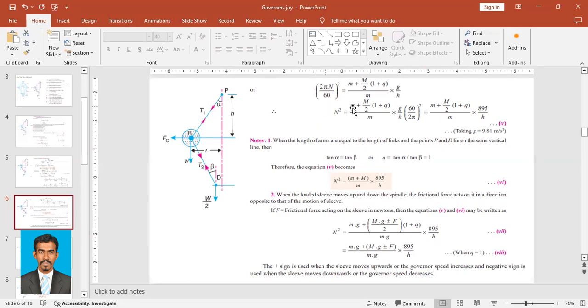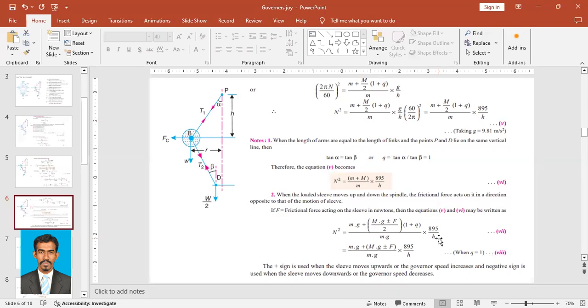In that case, this N squared will take the modified form. N squared is equal to mg plus Mg by 2 plus or minus F, where F is the frictional force, into 1 plus Q upon mg, into 895 upon h.